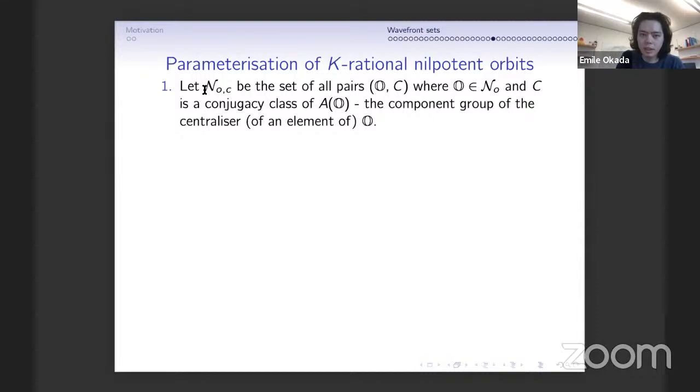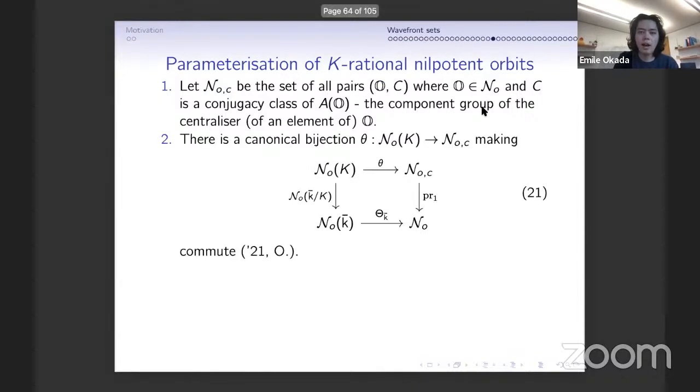But first, let me introduce some notation. NOC, where O refers to orbit and C refers to conjugacy class, is the set of all pairs (O, C), where O is a nilpotent complex orbit, and C is a conjugacy class of the component group of the centralizer of an element of O. And then the parameterization of the unramified orbits that I give is in terms of this set NOC.